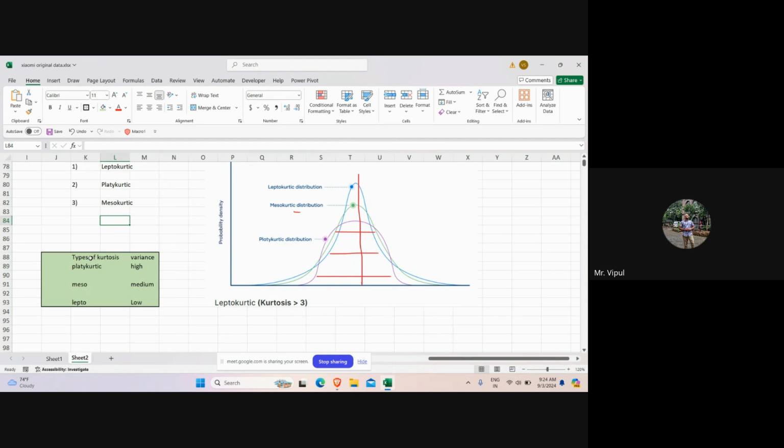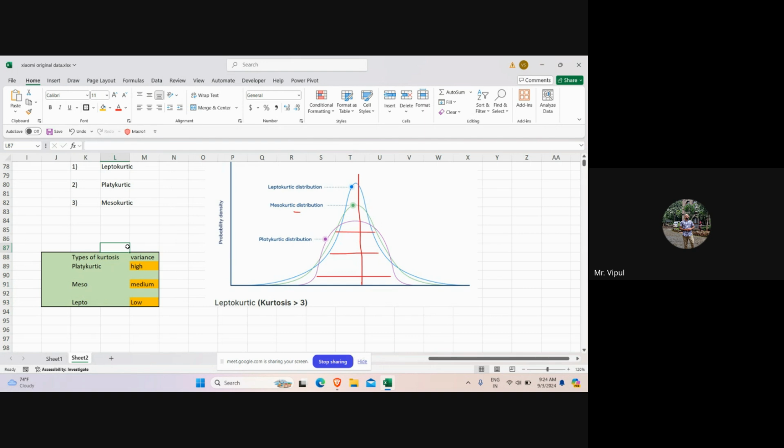So platykurtic is high, mesokurtic is medium, leptokurtic is low.